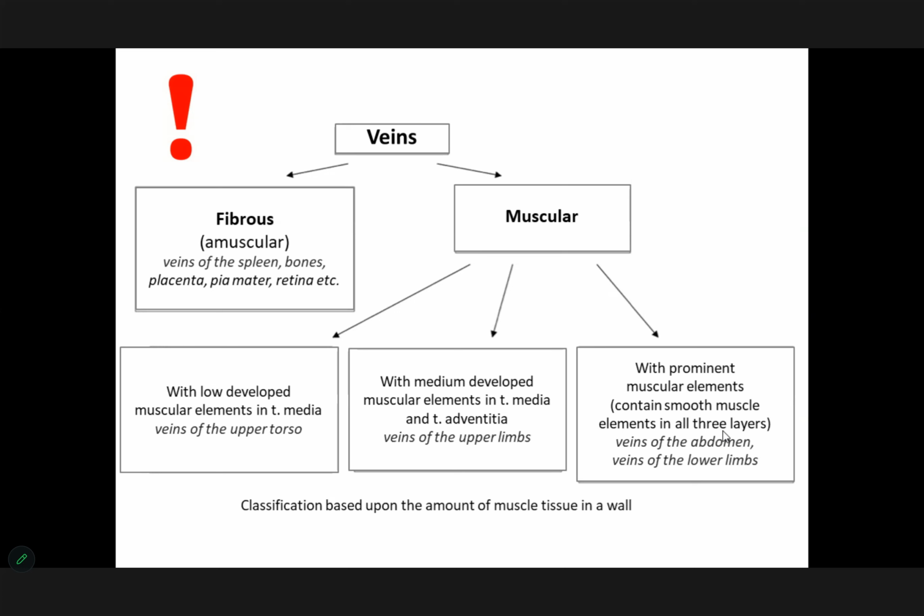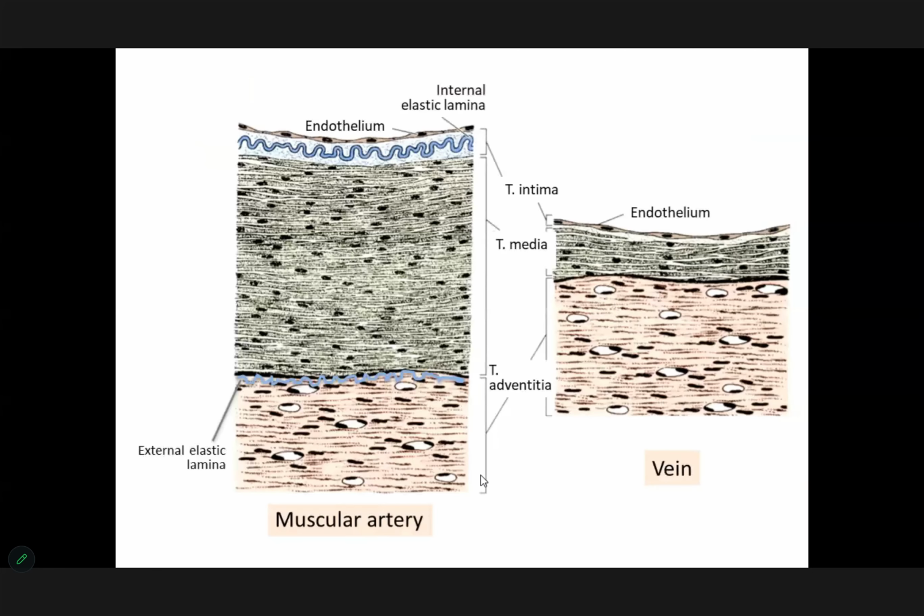In our upper part, we will have muscular veins with low developed muscular elements, and in the middle part of our body with medium developed muscular elements.